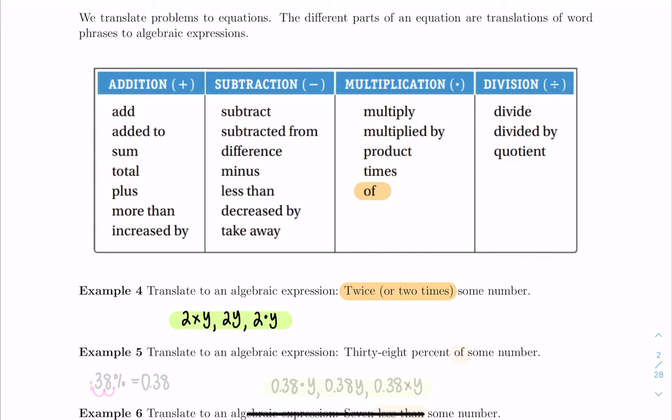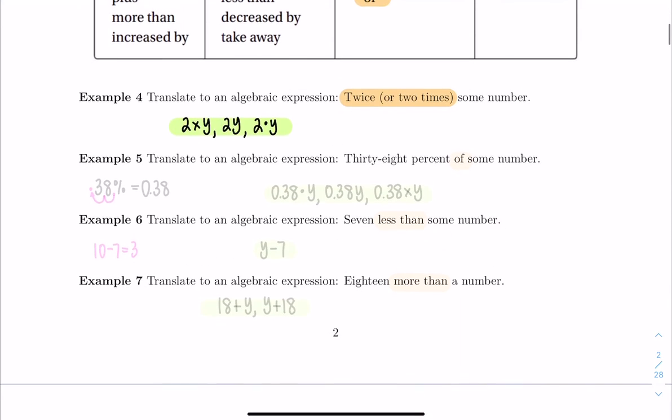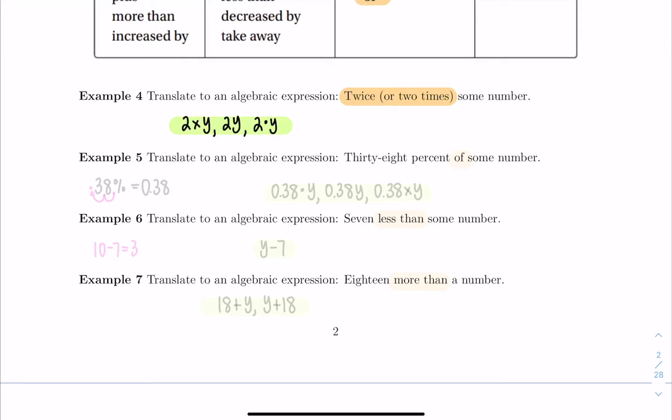What about the next one? We have 38% of some number. And so that of is coming into play here. Of is multiplication. Now when we talk about percentages, we don't use percents when writing equations down. We use decimals.